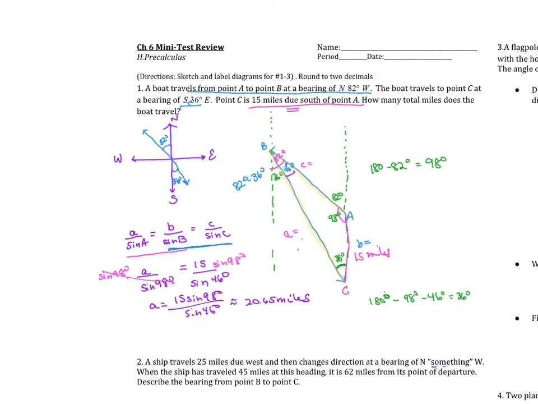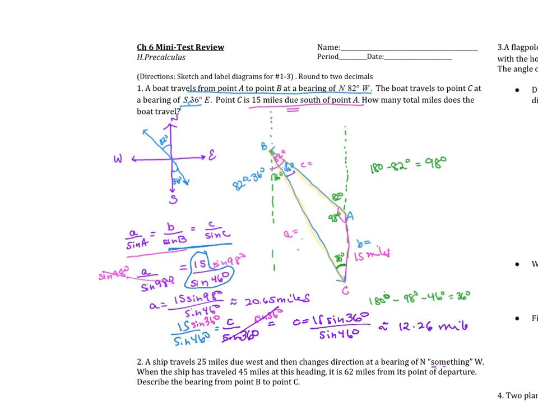We have 15 over sine of 46 degrees equals C over sine of angle C, which is 36 degrees. We'll multiply both sides by sine of 36 degrees, so we're really solving for C equals 15 sine of 36 degrees over sine of 46 degrees.